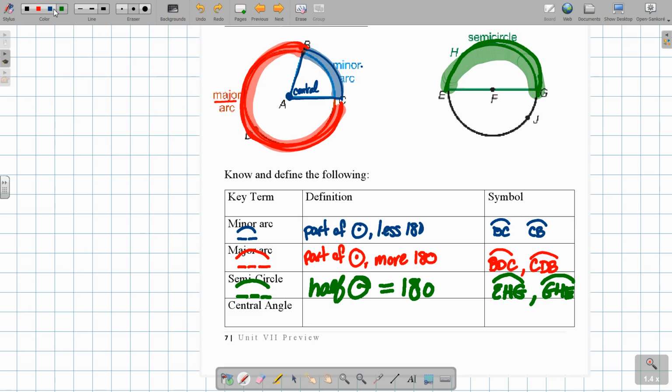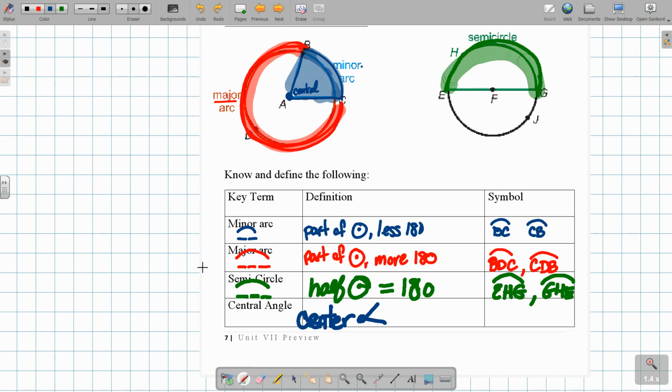Central angles are angles connected to the center. So just go like this and then put a dot there and just write the word center, C-E-N-T-E-R. Think pizza slice. This would be a central angle.